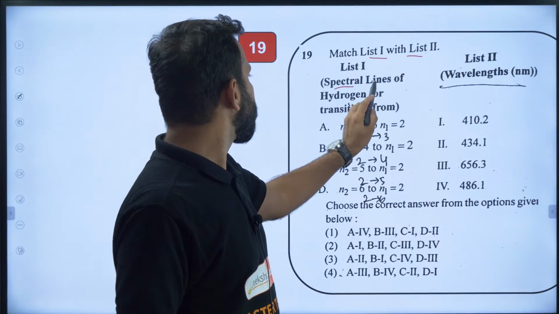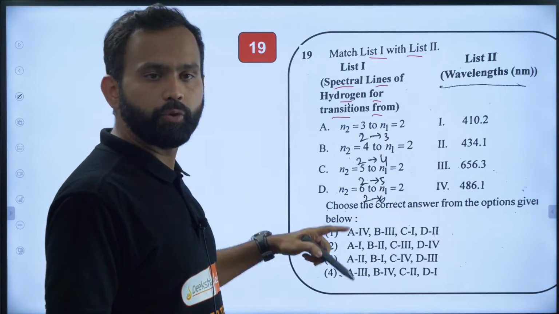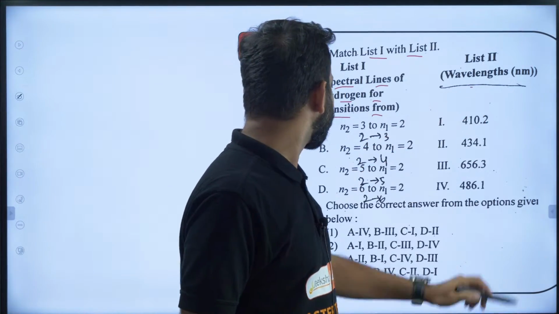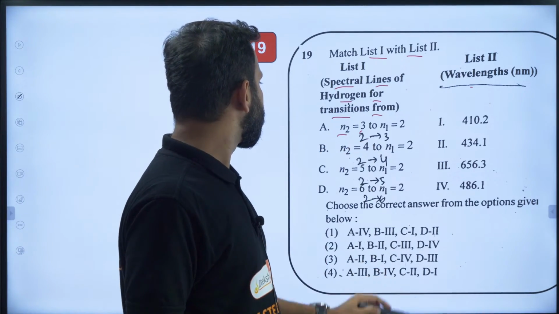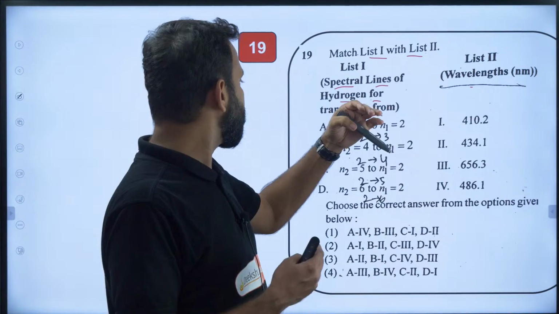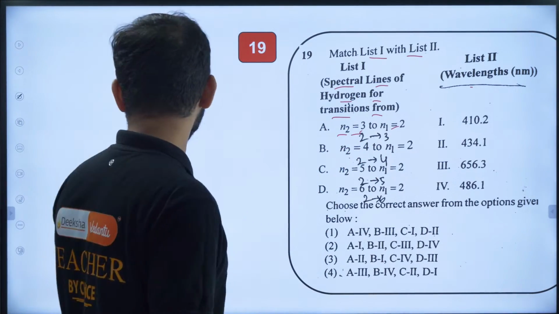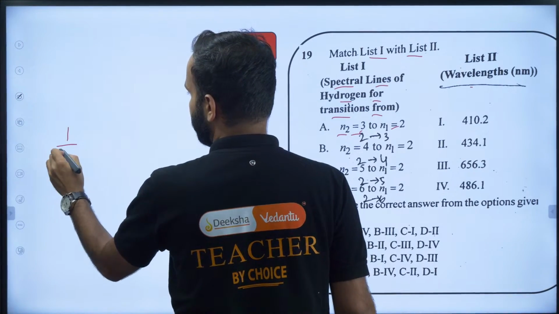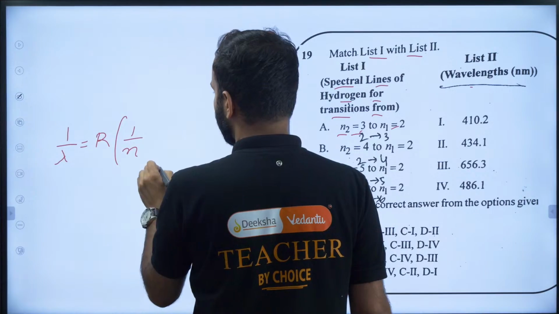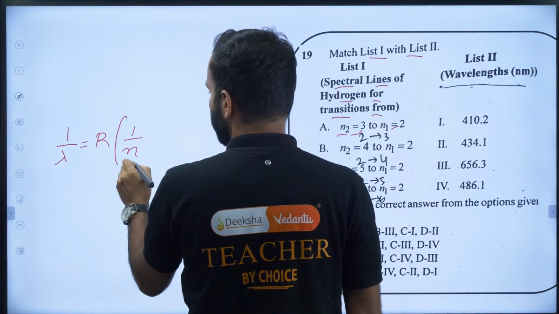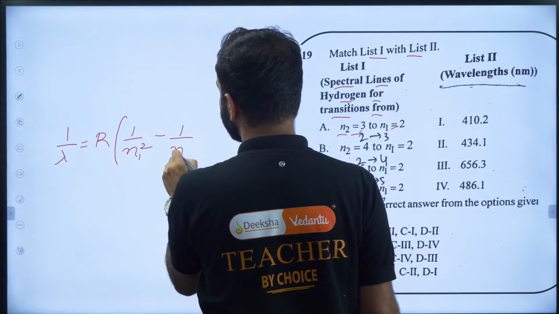List one, spectral lines of hydrogen for transition from n2 to n1, and list two, wavelengths. So here option A, n2 equal to 3, that is the third level to the second level. Apply this formula: 1 divided by lambda is equal to Rydberg constant R into 1 divided by n1 square minus 1 divided by n2 square.